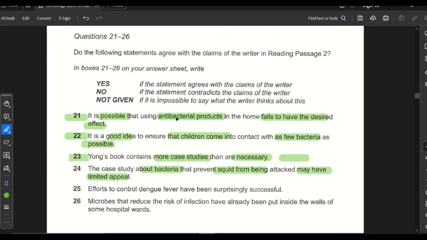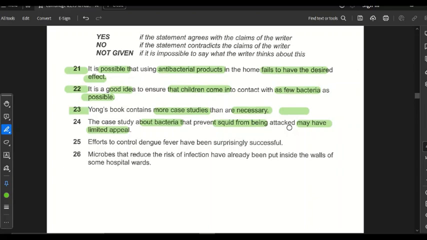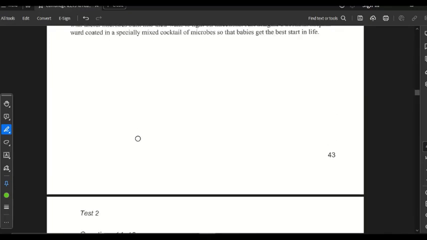And here the statement says the case study about bacteria that prevent squid from being attacked. Protect against predators, prevent from being attacked, may have limited appeal, and it stated less appealing ones.